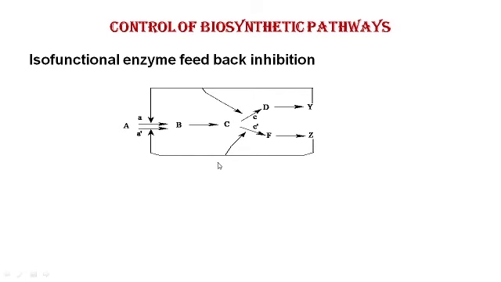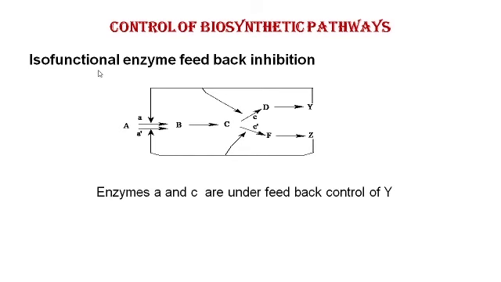Now, in the feedback inhibition of the isoenzymes, enzymes A and C are under the feedback control of the product Y. You'll see here that if Y is overproduced, it will inhibit the activity of the enzyme C, as well as the activity of A. So if Y is overproduced, it is going to stop its own production only.